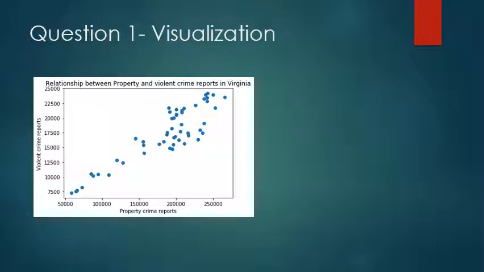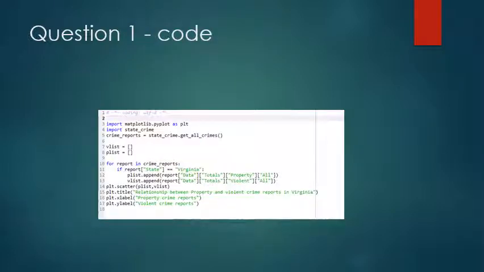According to the scatter plot, it shows a proportional relationship, which means that if property crime reports increase, so do the violent crime reports. And here is the code for question number one and visualization.